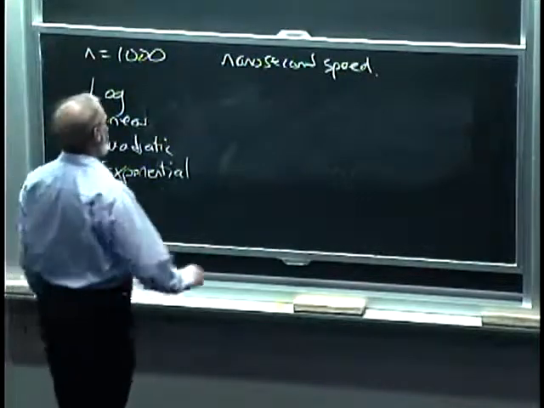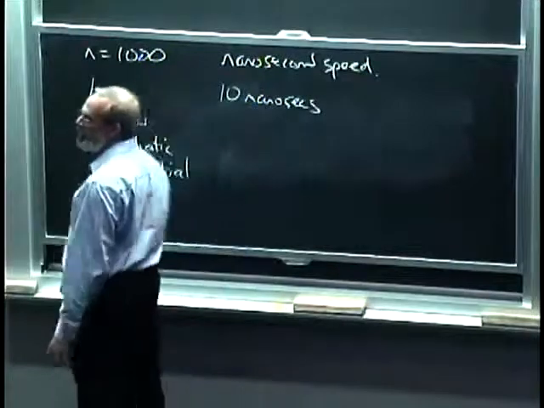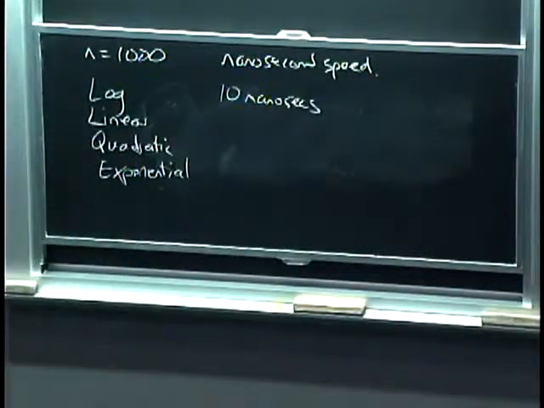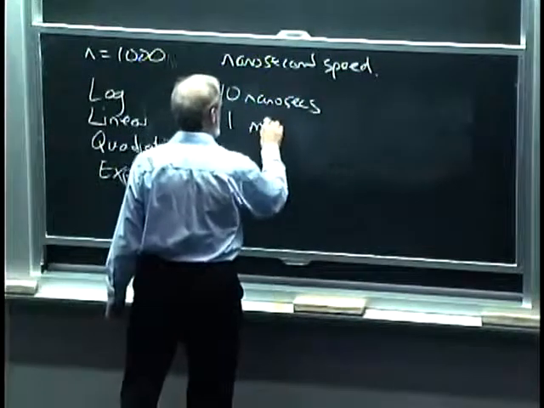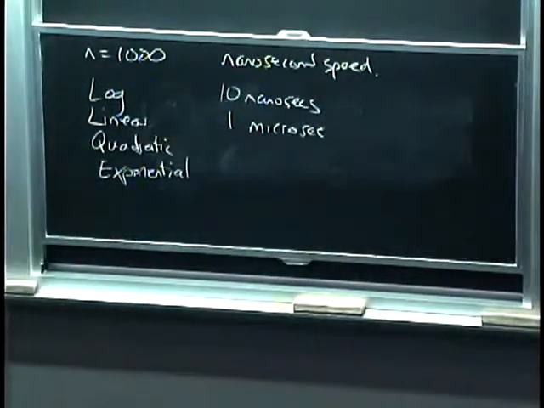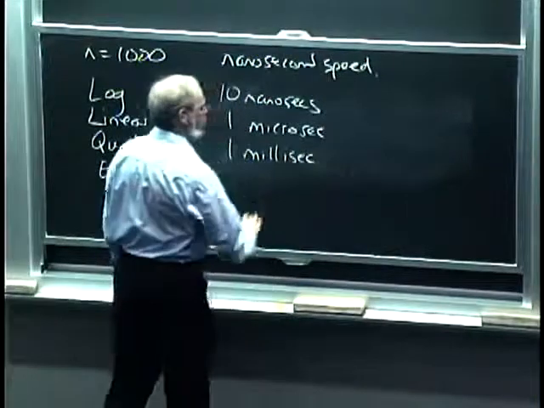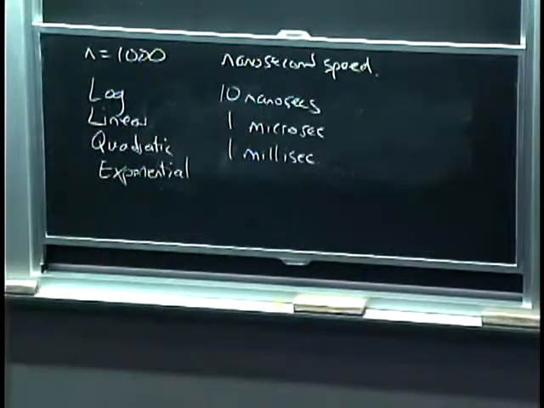And I've got a log algorithm. It takes 10 nanoseconds to complete. You blink, you miss it. If I'm running a linear algorithm, it'll take 1 microsecond to complete. If I'm running a quadratic algorithm, it'll take 1 millisecond to complete. And if I'm running an exponential algorithm, any guesses?